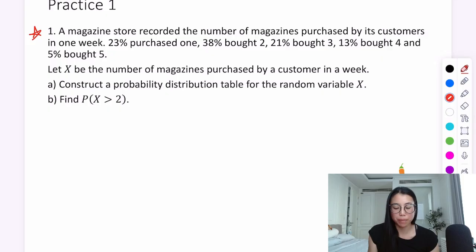A. Construct a probability distribution table for the random variable X. And B. Find the probability that X is greater than 2. I'm going to invite you to pause the video now and see if you can work this out on your own. What would the probability distribution table look like for this random variable X? What values can X take on?